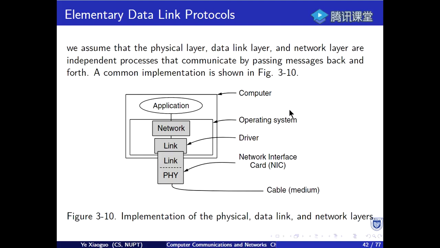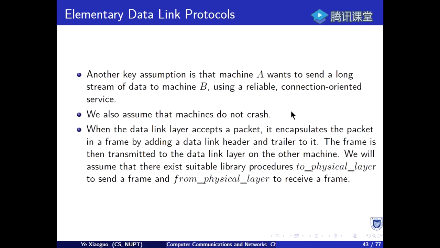Then we have learned the elementary data link protocol. Elementary data link protocol means we have the assumption that machine A wants to send a long stream of data to machine B using a reliable connection-oriented service.